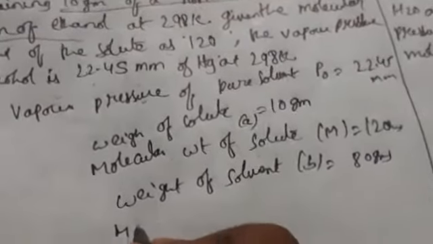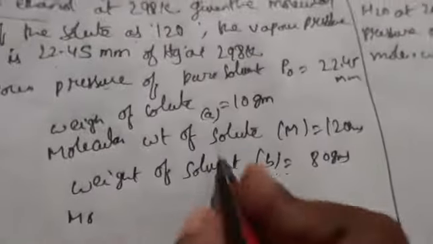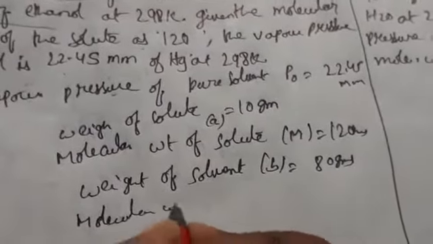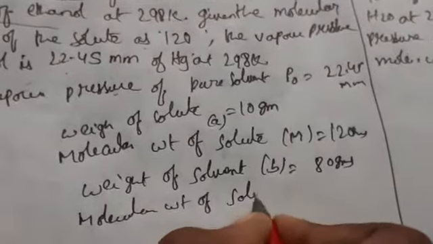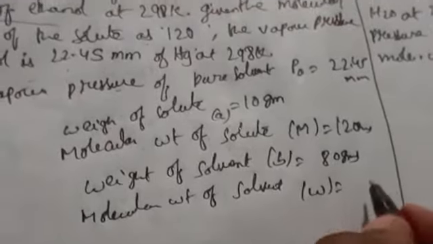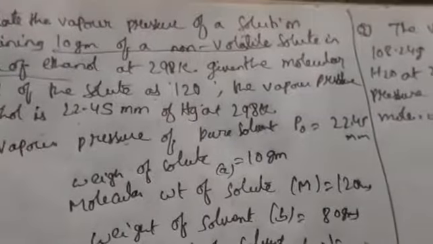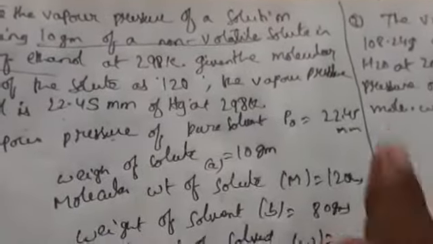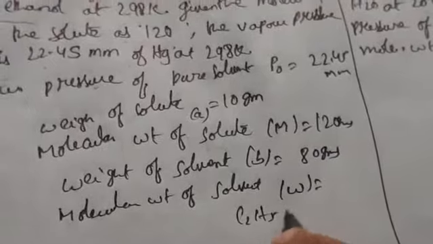Then ethanol. Molecular weight of solvent W is equal to how much? Here ethanol he has given, C2H5OH.